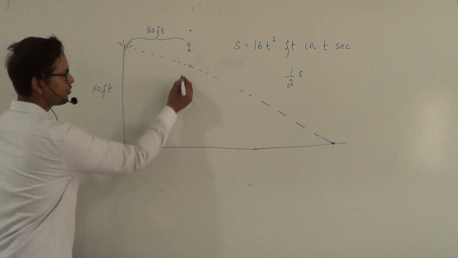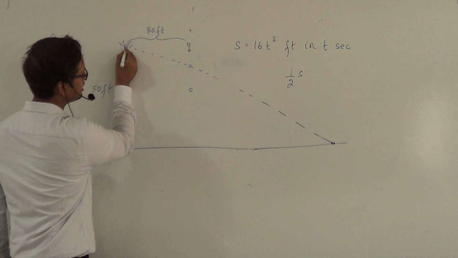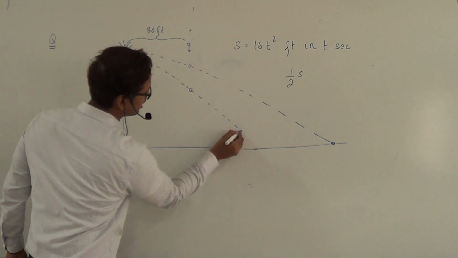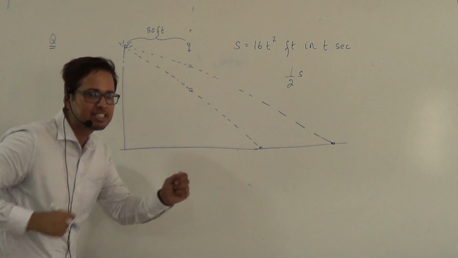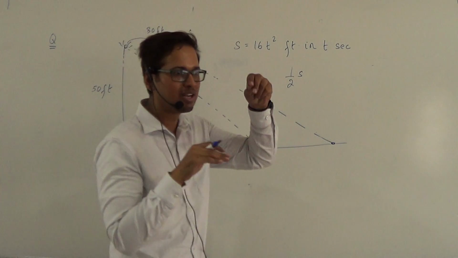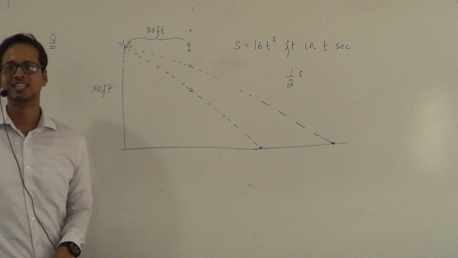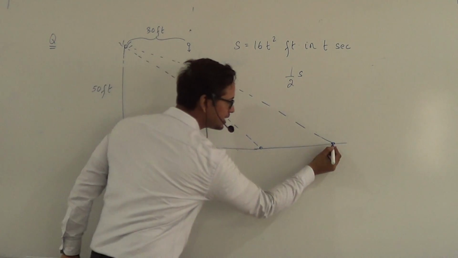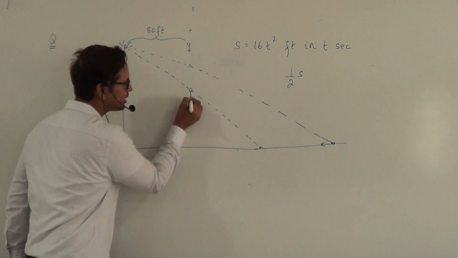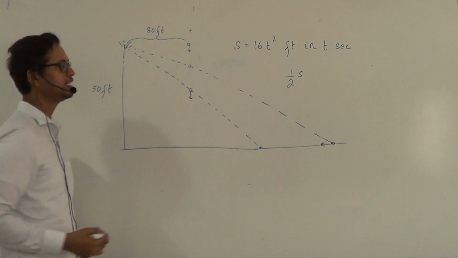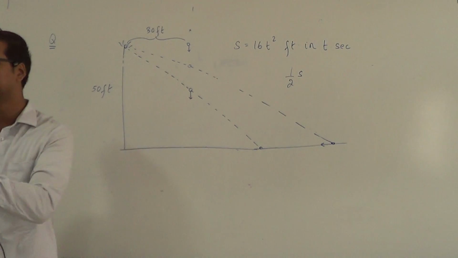Correct? So if it falls further, let's say here, the shadow will be here. So the shadow will be trying to chase the ball, so that when the ball hits, the shadow and the ball will hit together. Are you getting it? So the shadow is also moving, the ball is also moving, and at the instant it touches the ground, shadow and ball will be at the same position.